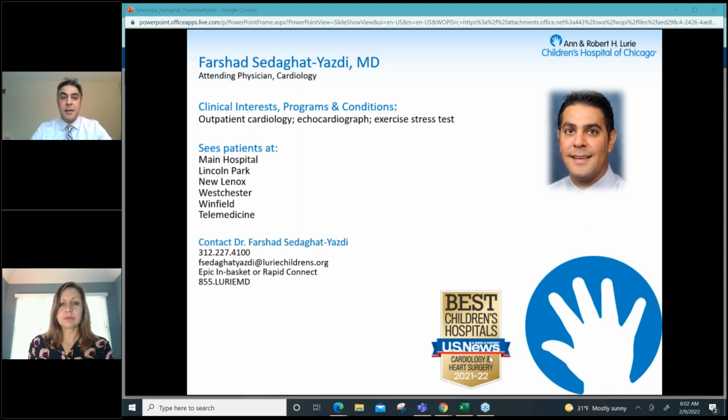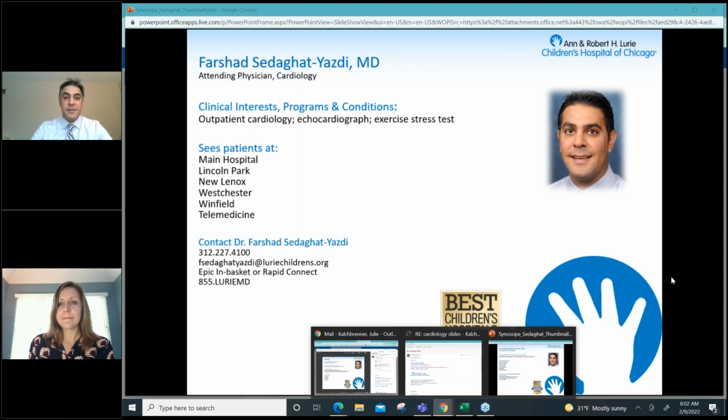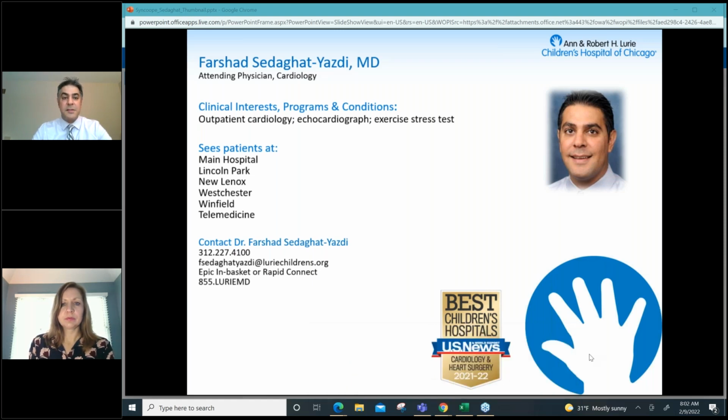It is less likely if someone is under 10 or specifically under 6, not to say that can't be the cause, but I would be more cautious or worry that there is something more underlying going on. Under 6, I would say it'd be very unlikely to have neurocardiogenic syncope. Between 6 and 10, still possible, but less likely. But again, this talk, I should have said, is more geared toward adolescents 10 and above. Okay. Thank you.